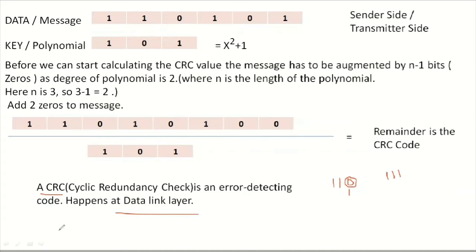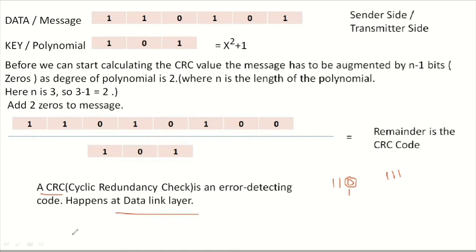So what happens exactly here is blocks of data entering these systems get a short check value attached. That short check value is called the cyclic redundancy check code, which is added to the original data and then transmitted. How do we get this CRC?